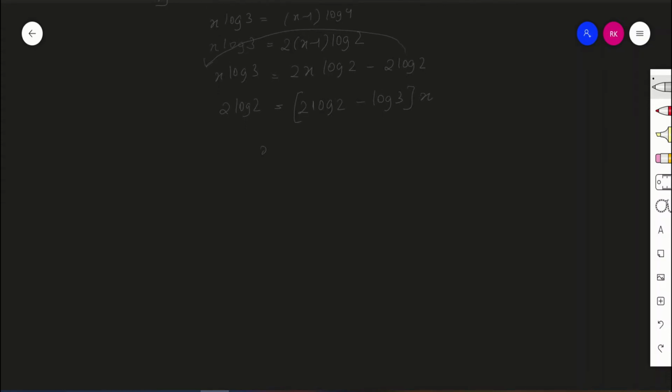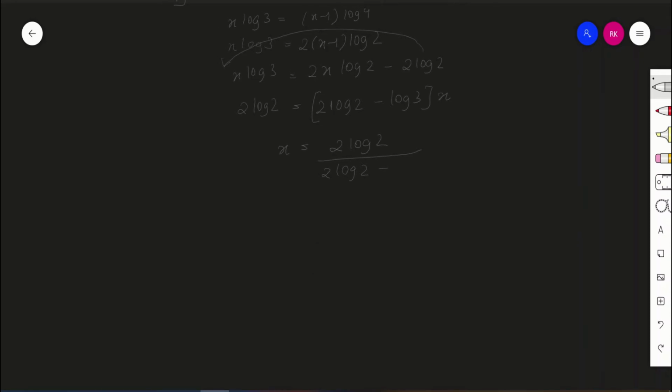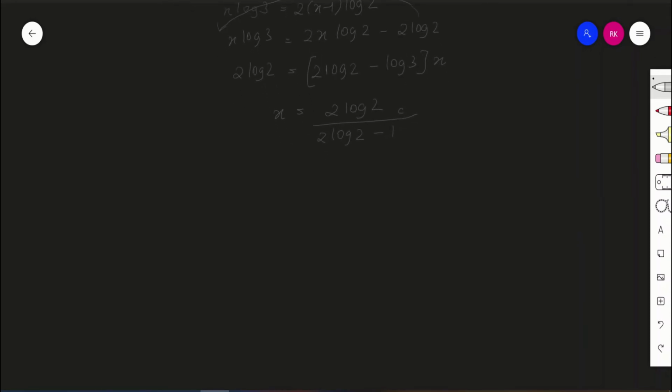So my x is 2 log 2 upon 2 log 2 minus log of 3. So that's my answer.